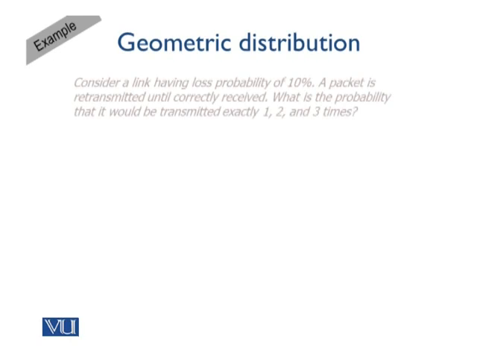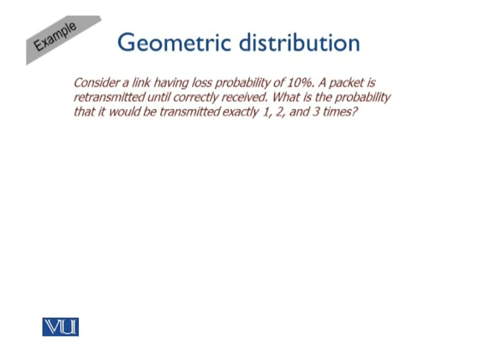Let's consider now a similar example, but now in the domain of networking. So consider a link having a loss probability of 10%. A packet is retransmitted until correctly received. What is the probability that it would be transmitted exactly 1 time, exactly 2 times, exactly 3 times?